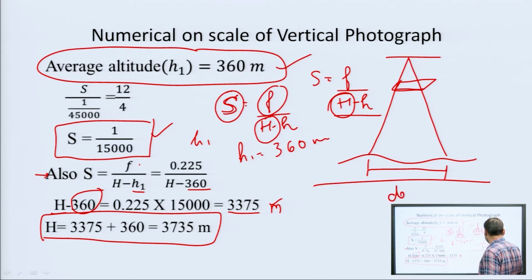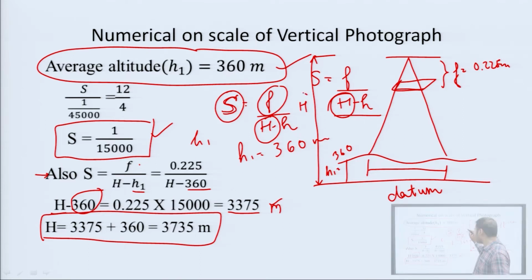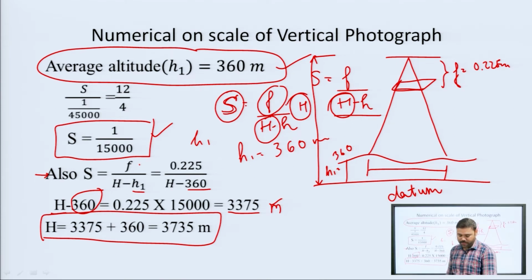It is datum, h1 is 360, this is f, the focal length, 0.225 meter, and we have to calculate this overall height H. So, in this way we can calculate this total H, which is about 3735 meter.